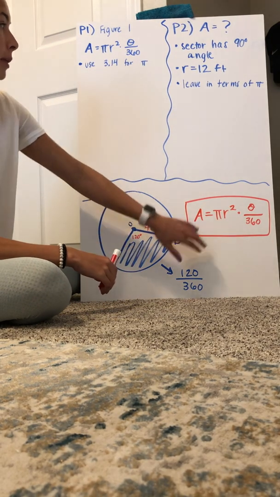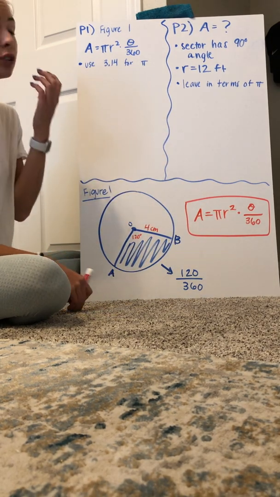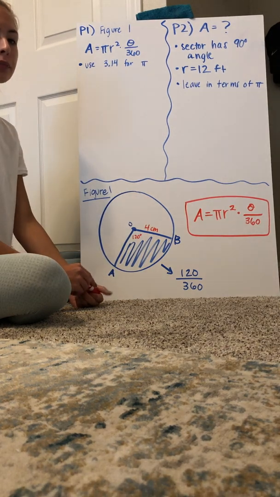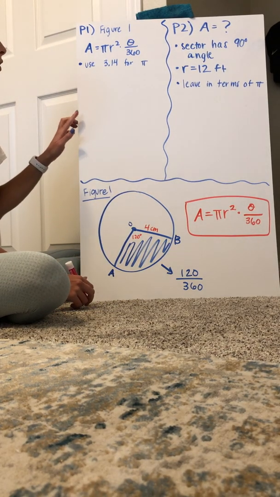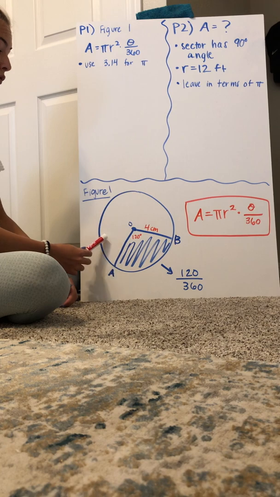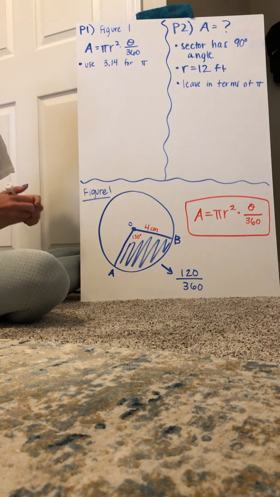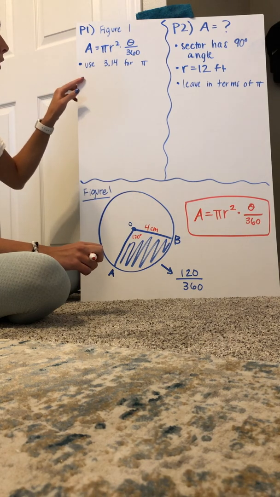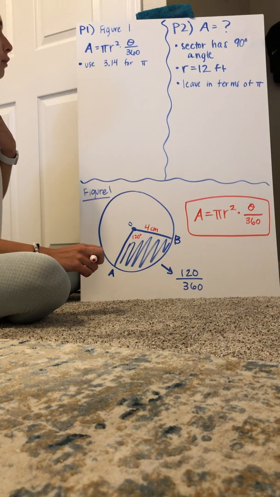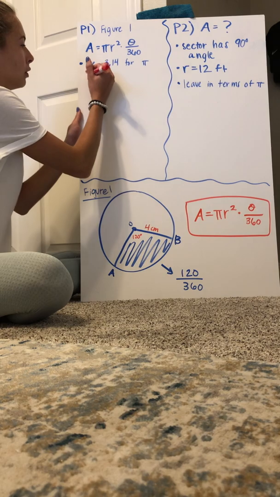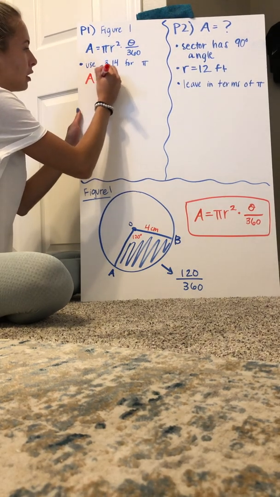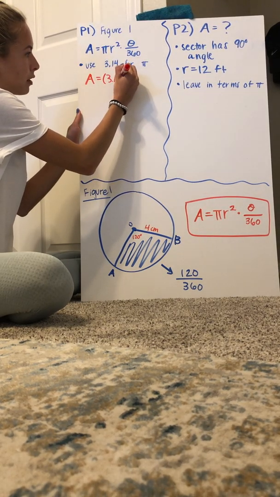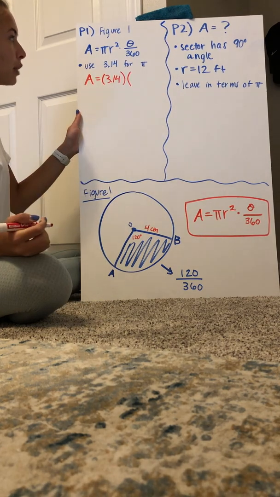We're going to use this formula for these two problems above to solve for the area of sectors. Problem 1, we're going to use figure 1 to find the area. So here we have our formula again, and they want us to use 3.14 for pi. So area equals 3.14 times our radius squared.